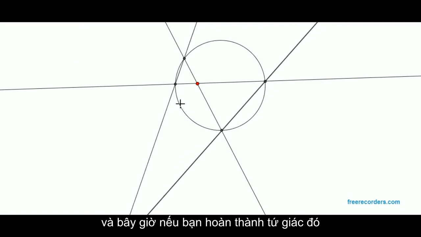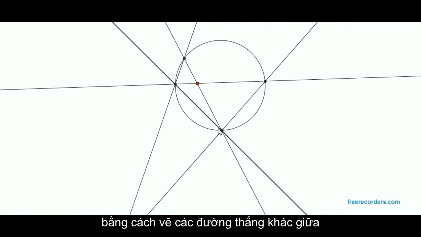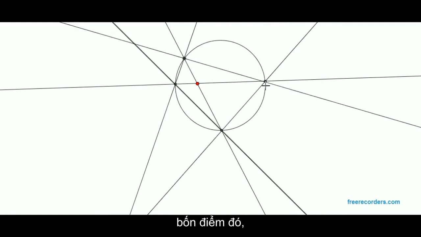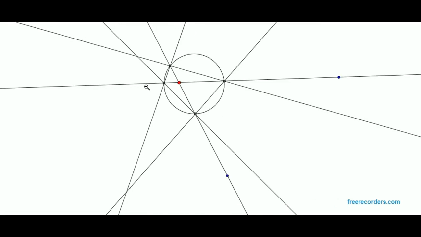And now if you complete that quadrangle by drawing the other lines between those 4 points, you can find these other places where these edges intersect.